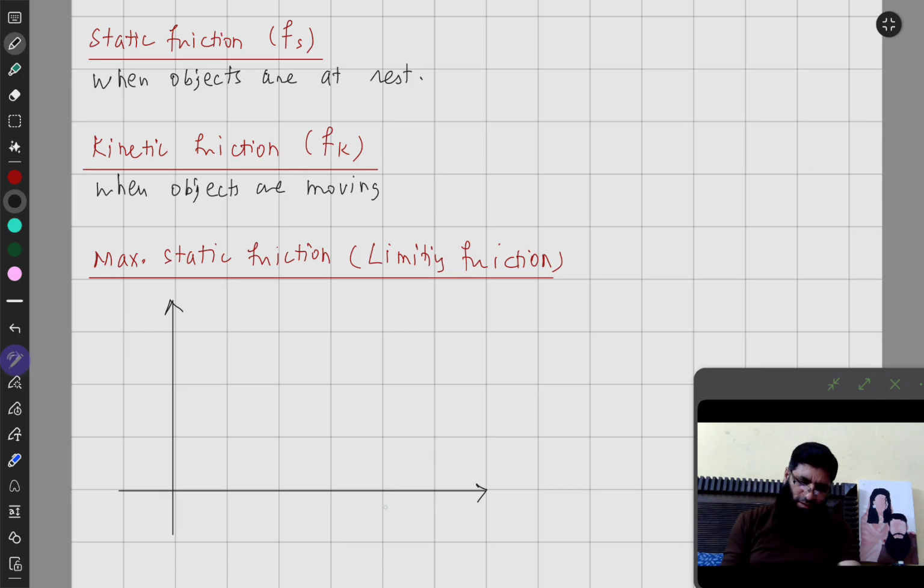Let's suppose this is the applied force on the x-axis, and on the y-axis you have friction. So look at this.